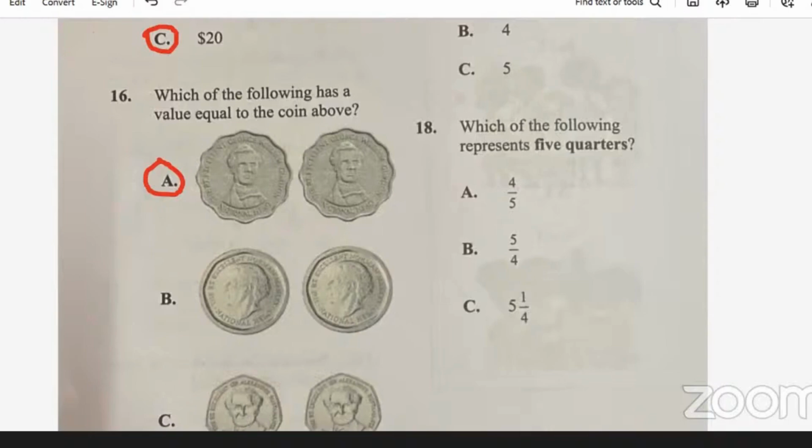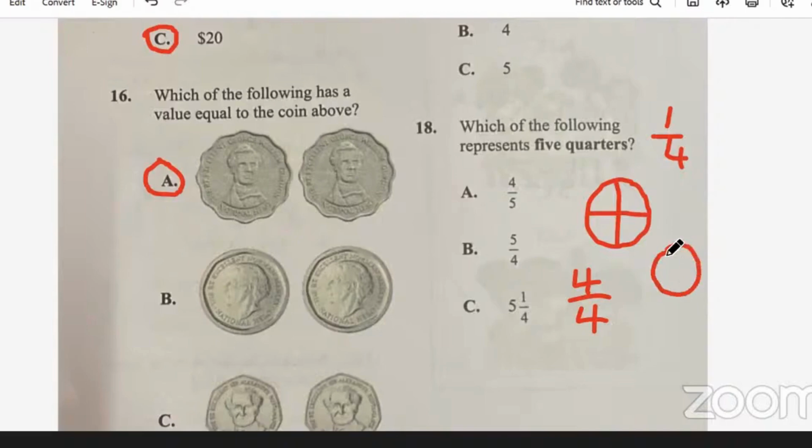Okay, so if I had a cake, this cake would have 4 quarters, right? 4 out of 4, right? So a quarter is 1 over 4. So 5 quarters would be... This cake has 4 out of 4 quarters, right? But I need 5 quarters, so another cake, I would have to take a piece out of it, right?